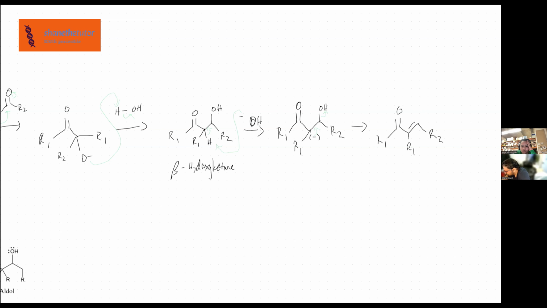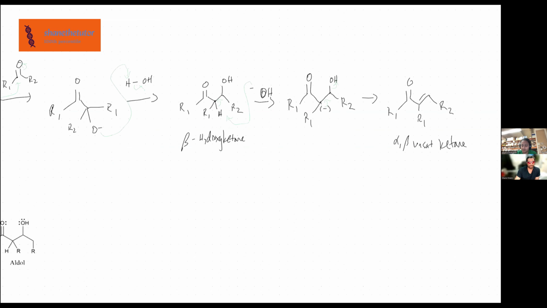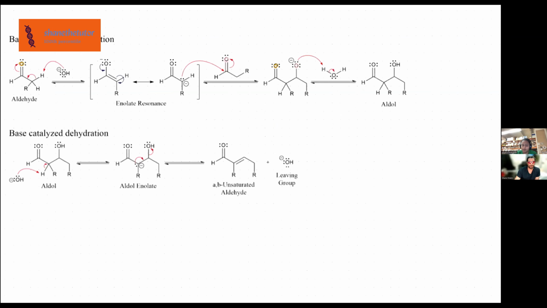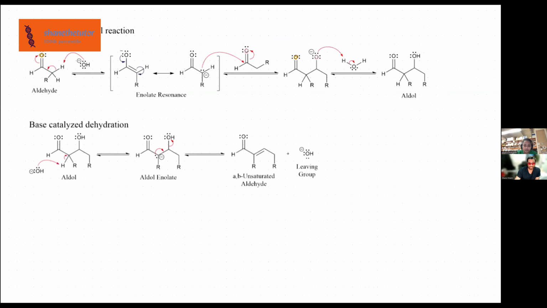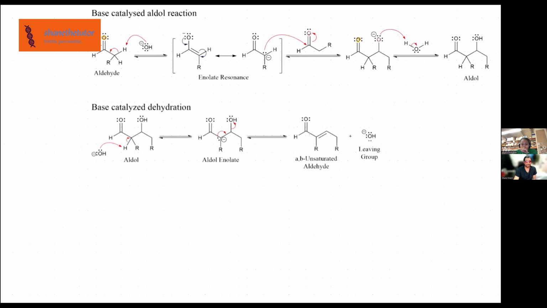So okay, yeah, this is the alpha beta unsaturated ketone. So that's what that looks like, and then this is what it would be for the... It's essentially the same thing. We just have another R here for the ketone. Right. So okay, that's the mechanism.